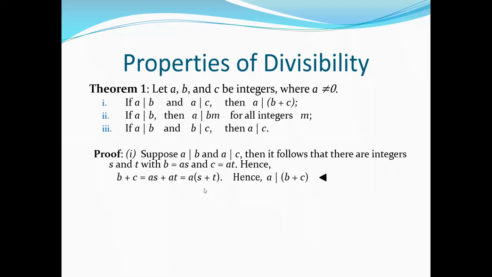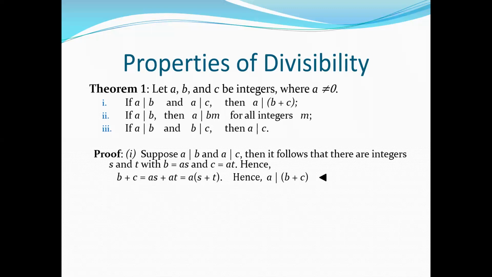A times any value is equal to B plus C. So this is the format of division. Am I right? Any value multiplied to your factor will yield this dividend, which is B plus C. So therefore, it's correct.